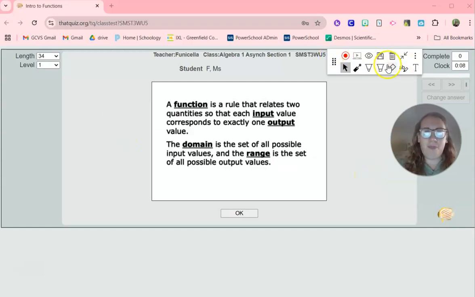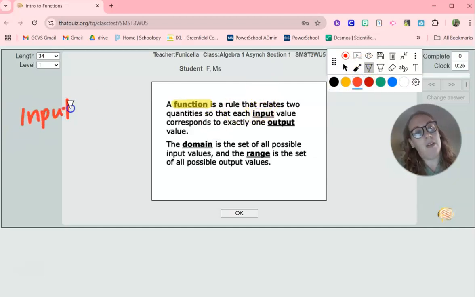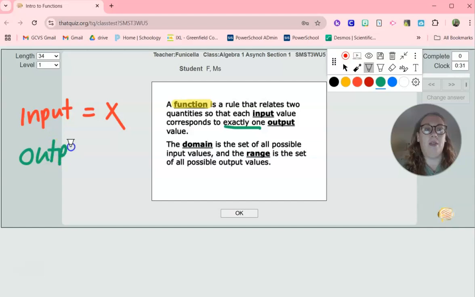So what we're looking at this week is functions. And a function, this is just a rule, right? It relates two quantities, so that when you plug in an input, which is the same as an x, right? Our input is our x value. You will get exactly one output, which is our y value.